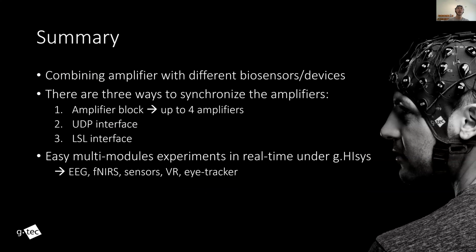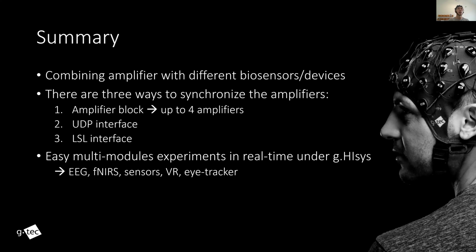To recap, nowadays different projects require different biosensors and even different types of trackers, not just biosensors. You can easily combine them through the g.HIsys model. We have different toolboxes for you to combine them easily. I've already shown you the amplifier block.